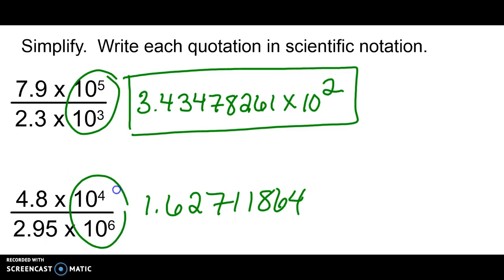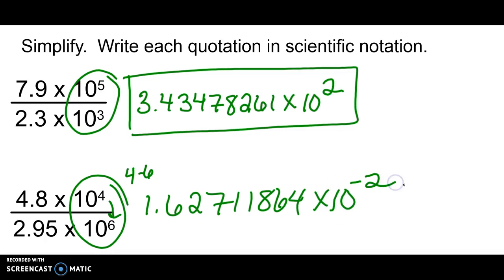Now divide your exponents. So 10 to the fourth divided by 10 to the sixth. You subtract them. 4 minus 6 is 10 to the negative 2.